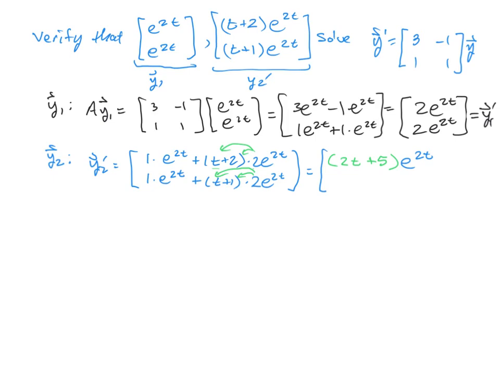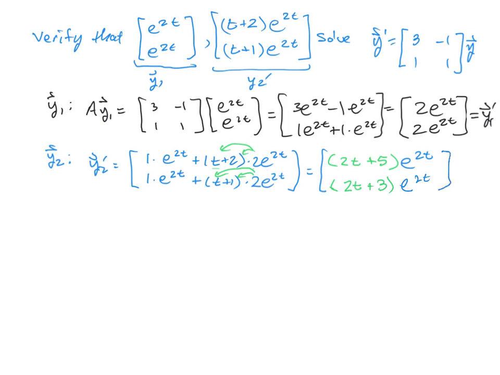So that's going to make 2 times t again. And then we have that plus 2 getting together with that one to make plus 3, times the e to the 2t. So that's the derivative of y2.